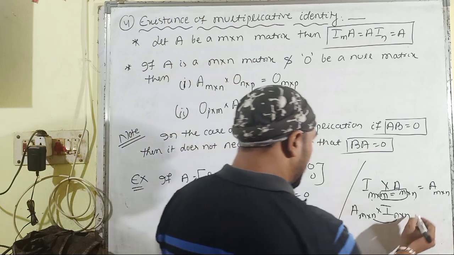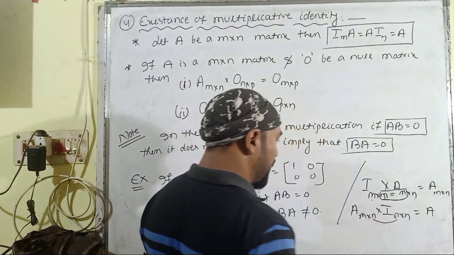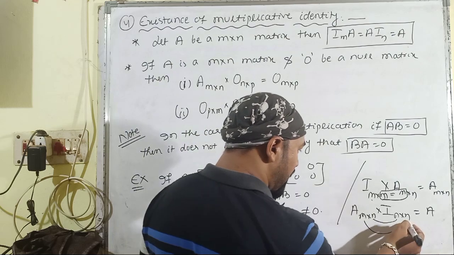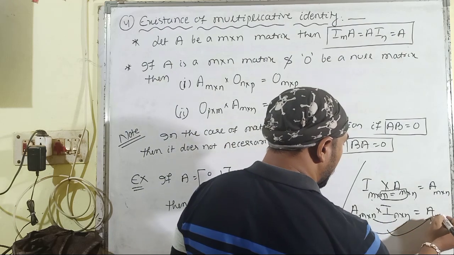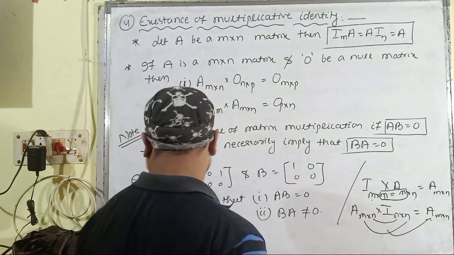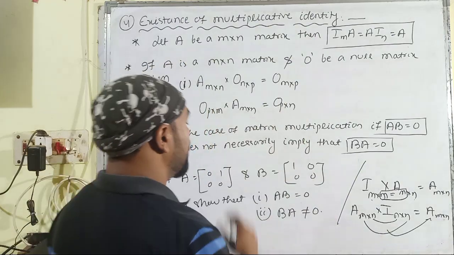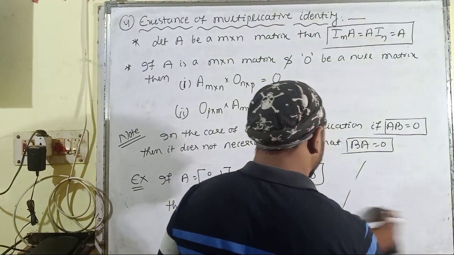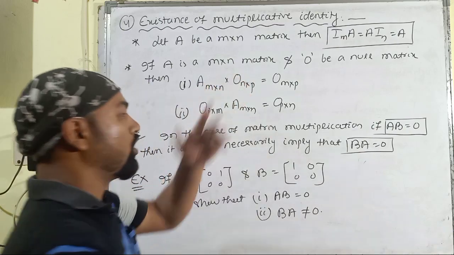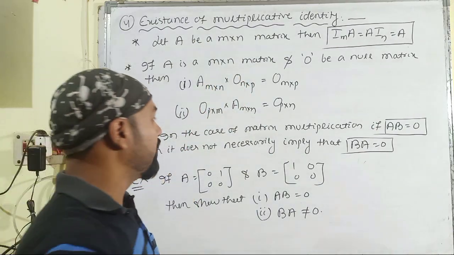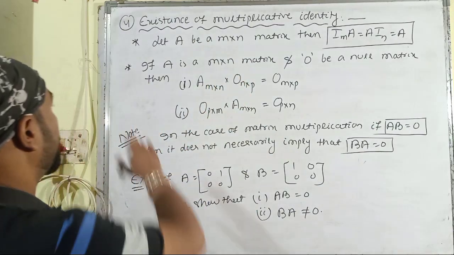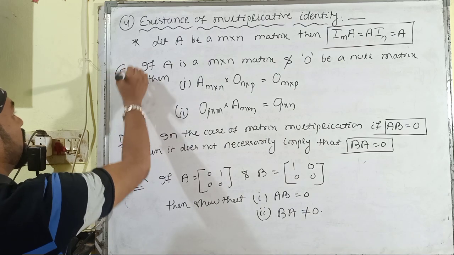Then the resultant matrix will be A, of order m cross n. And these are the fundamentals behind this property. Then at last, the multiplication of a matrix with the null matrix gives again the null matrix, and this is the last property.